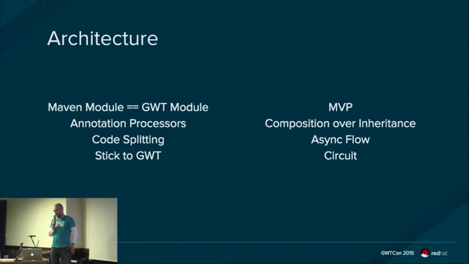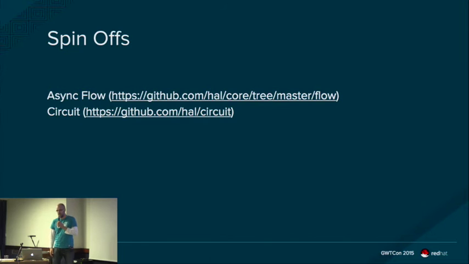And over time there is some code which we factored out into small mini libraries, which I quickly want to introduce. These are some spin-offs which we created in the last couple of months or so. The first is about dealing with asynchronous calls.